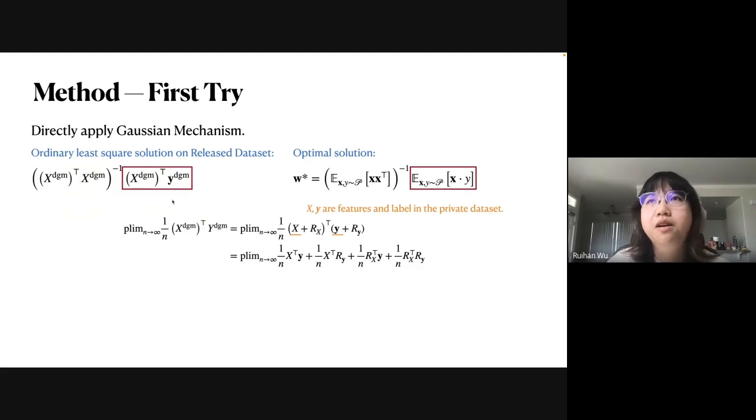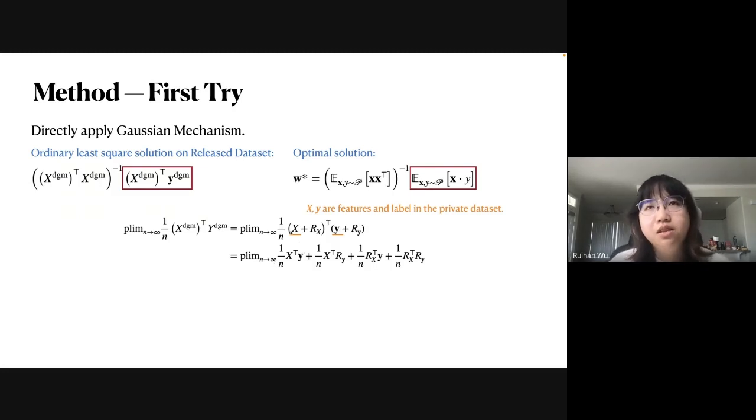First compare these two terms. We can decompose X DGM and Y DGM into the private feature matrices and private label vectors with the additional Gaussian noise Rx and Ry on top of them, which follows the definition of the release algorithm.